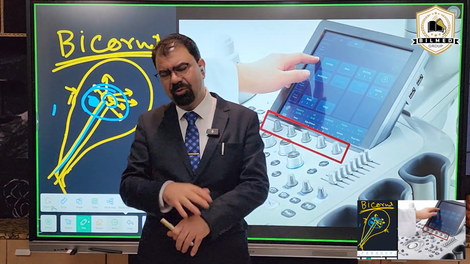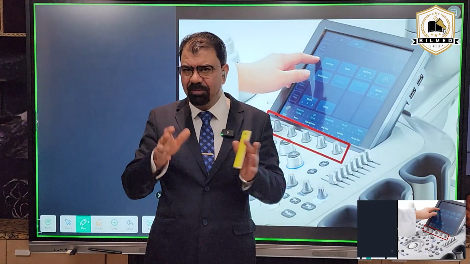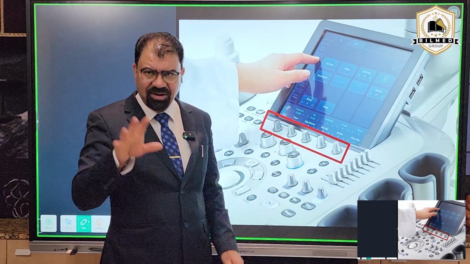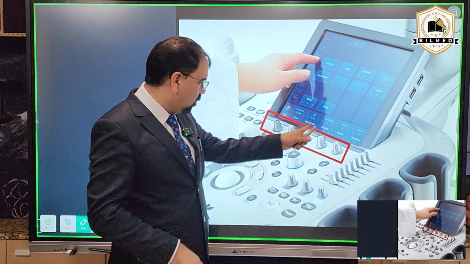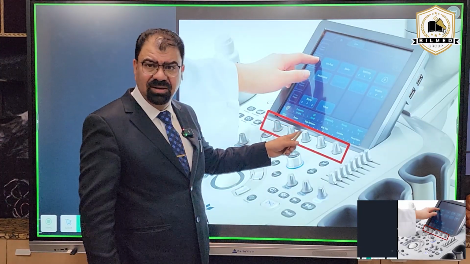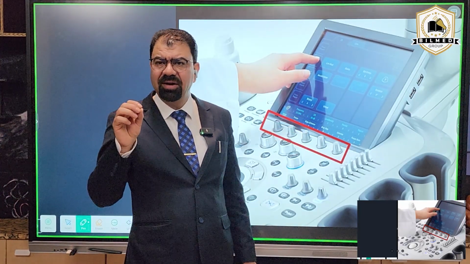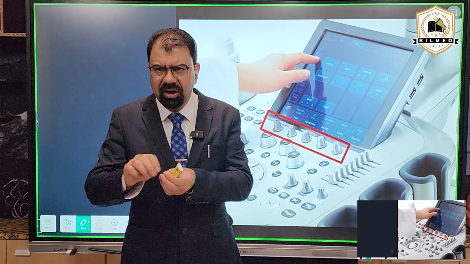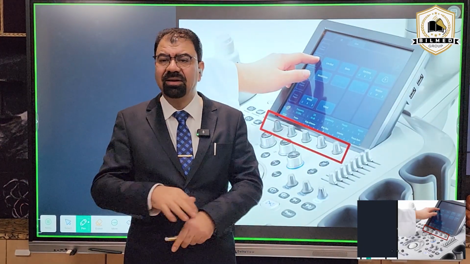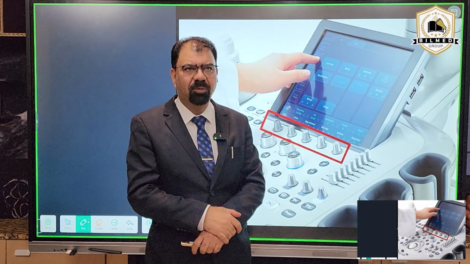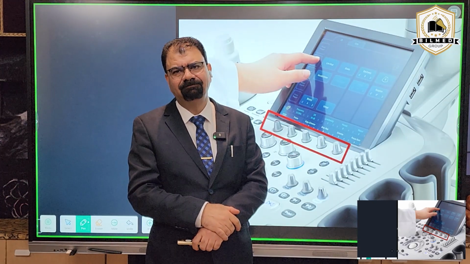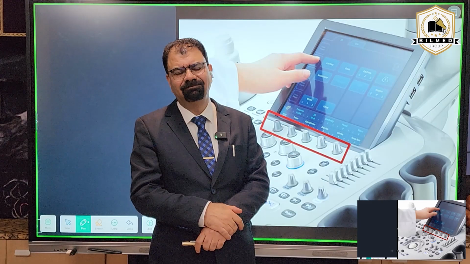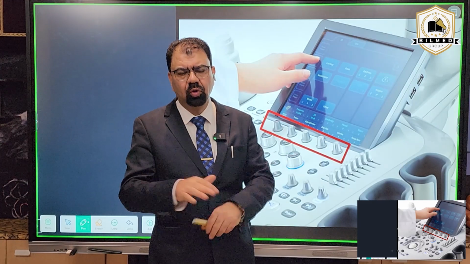Dr. Madhuri, have you paid attention to your control panel and these knobs? And there are some 5-6 knobs just over here, just beneath the display, where it is not written what this knob is for. Like it is not written whether this is for depth, this is for gain. Have you paid attention, yes or no?